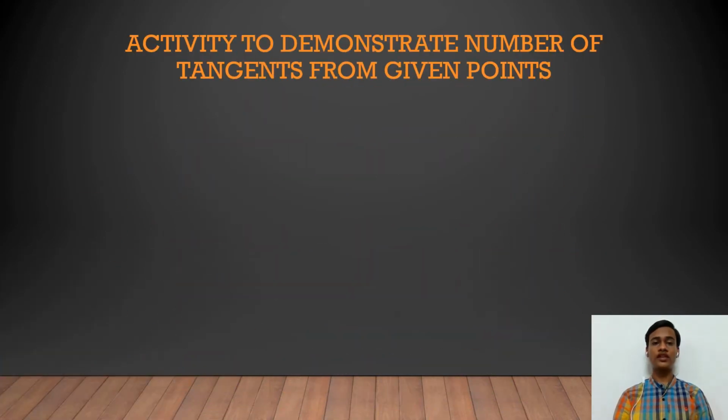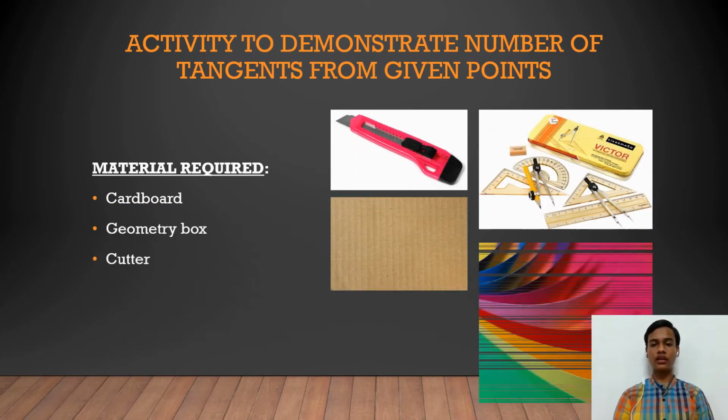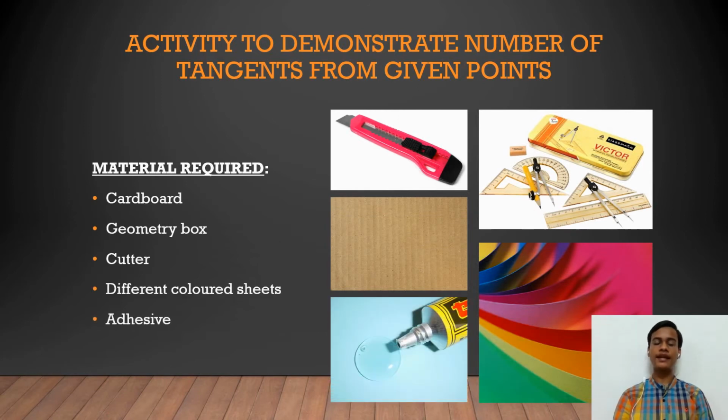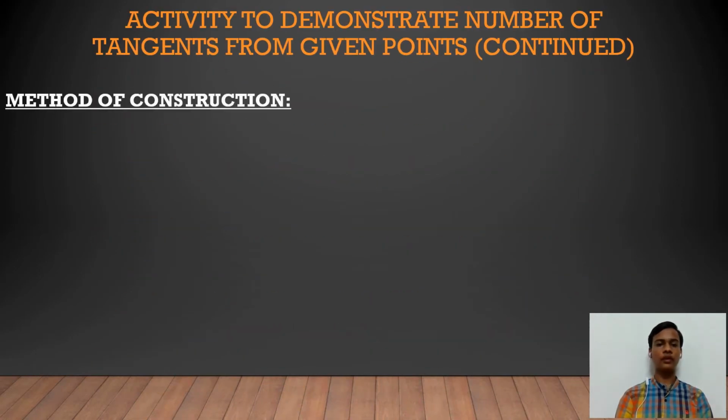Now, let me share an activity to demonstrate how many tangents from a point can be drawn to the circle. In this activity, the materials required are cardboard, geometry box, cutter, different colored sheets, and adhesives. So, now let's begin with the activity. Let me introduce you to the method of construction.